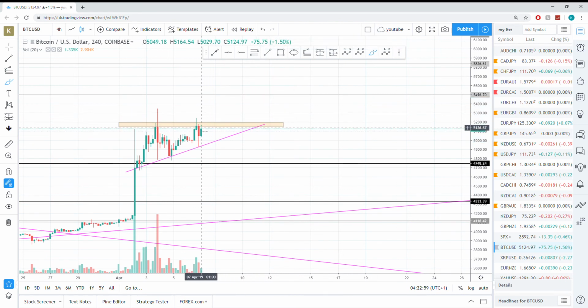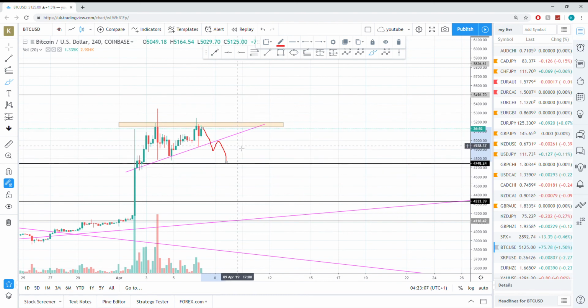It could actually break this completely, retest here, and then we could see a position downwards like that. That would be another possible scenario. And if it did actually come to this level, I would definitely expect some sort of double bottom to form, and then hopefully that would spike it to come back to this level, really.